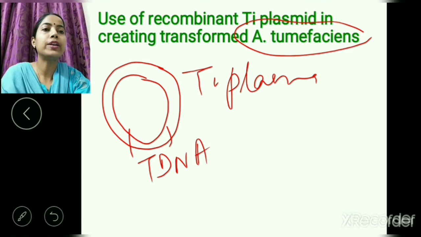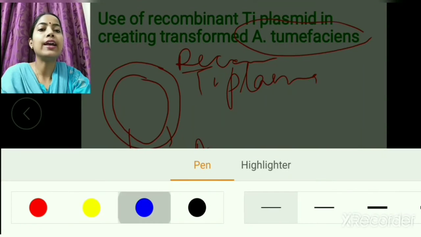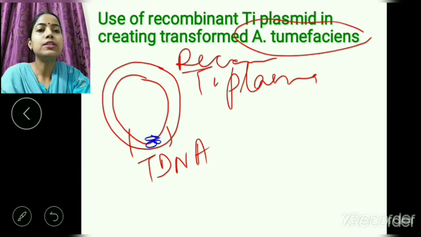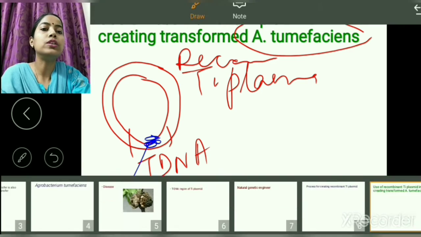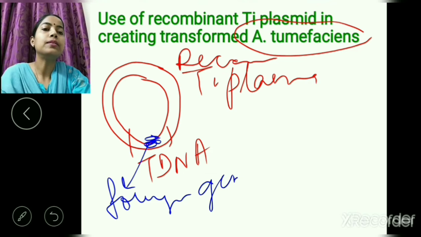Back in the Agrobacterium tumefaciens, we are going to transfer this recombinant plasmid which is carrying our foreign gene. Suppose this blue part is our foreign gene. So it is carrying our foreign gene and selectable marker.